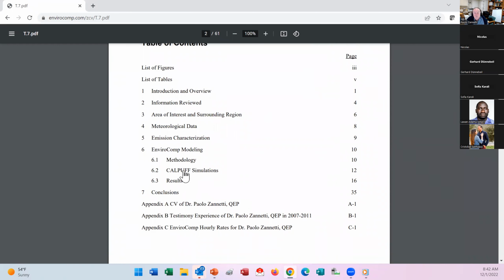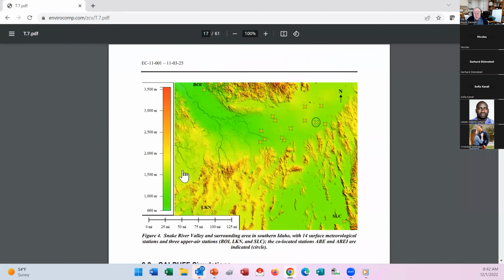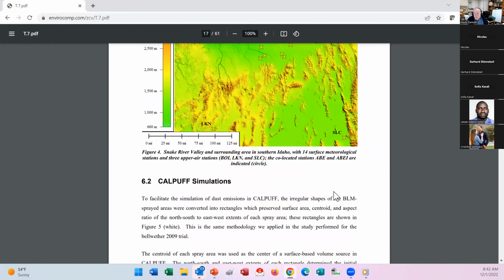We use CALPUFF. We have no choice. This is a long-term, long-range, and even long-term simulation. AERMOD would have been totally inappropriate. So CALPUFF was the only model capable of doing this.